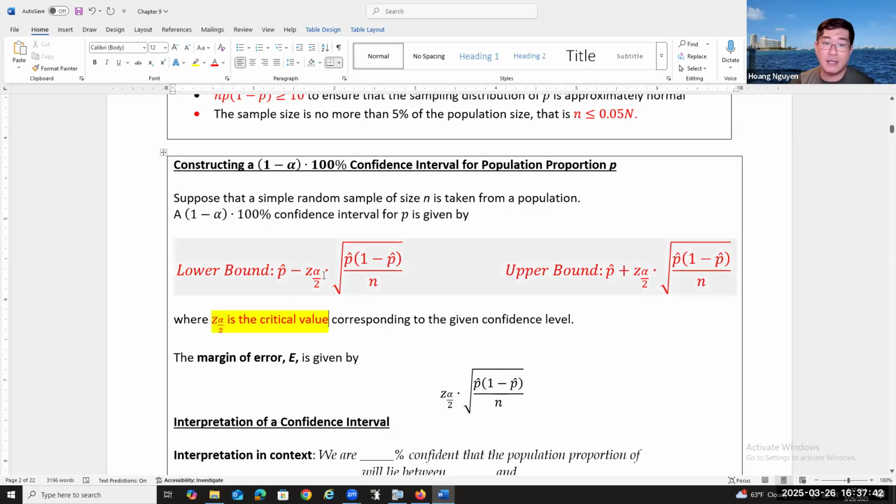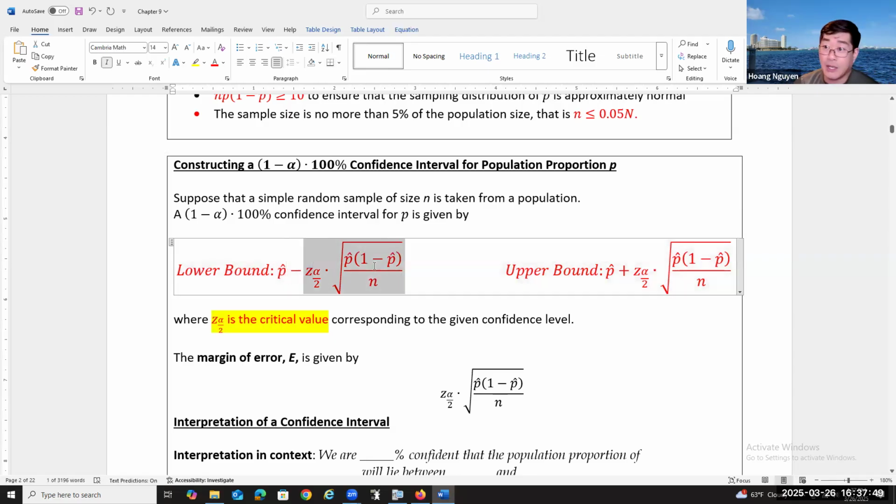Now let's go back to the calculation of the lower bound. The lower bound is p hat minus this calculation. The upper bound is equal to p hat plus this calculation, right?